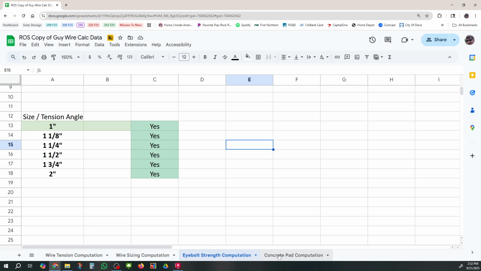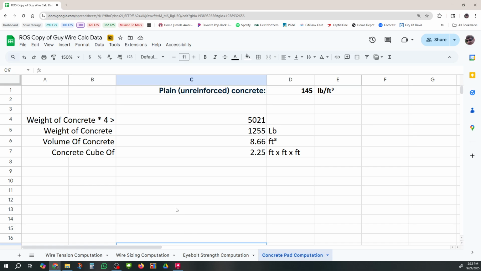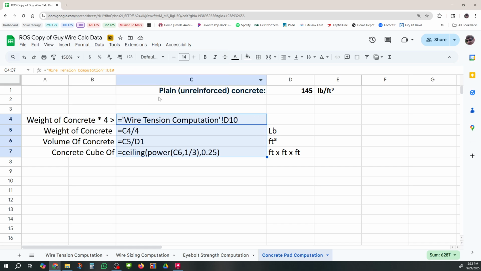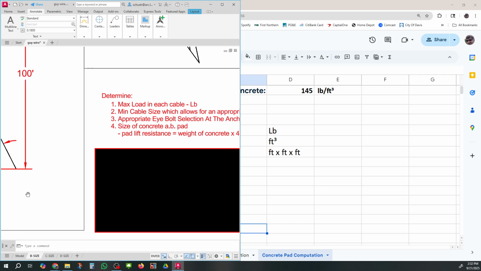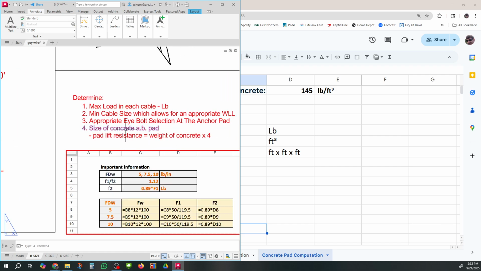And my last one is to take a concrete pad computation, and I'm going to just turn this on for you so you can see what I've done. From here, I can see that my concrete pad has the ability to stay in the ground is weight of concrete times 4. So weight of concrete times 4 has to be more than F1.